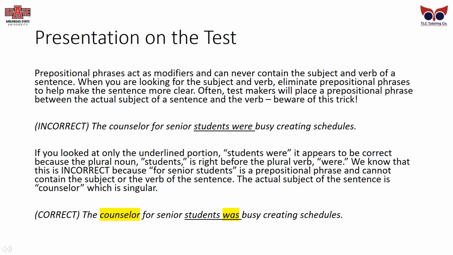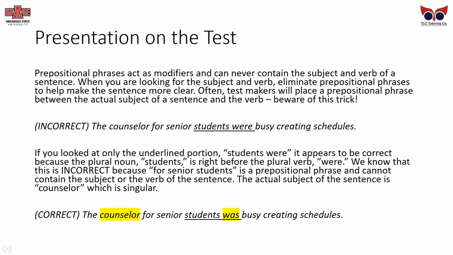Beware of this trick. In the incorrect example, you'll see, the counselor for senior students were busy creating schedules. If you looked only at the underlined portion, students were, it appears to be correct because the plural noun students is right before the plural verb were. We know that this is incorrect, for senior students is a prepositional phrase.